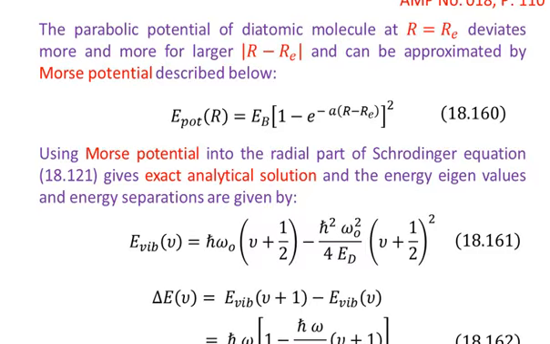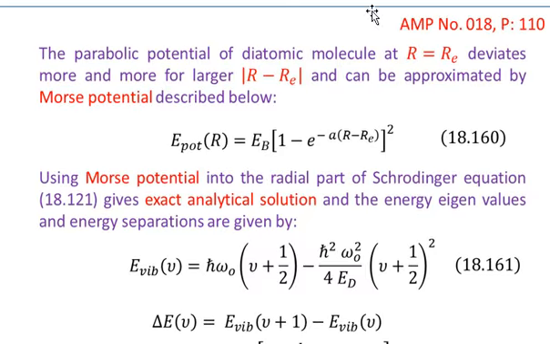Before writing the Morse potential, I mentioned that the parabolic potential of the diatomic molecule at r equal to Re deviates more and more for larger mod values of r minus Re and can be approximated by the Morse potential. So this deviation from the value of Re is well described by the Morse potential.